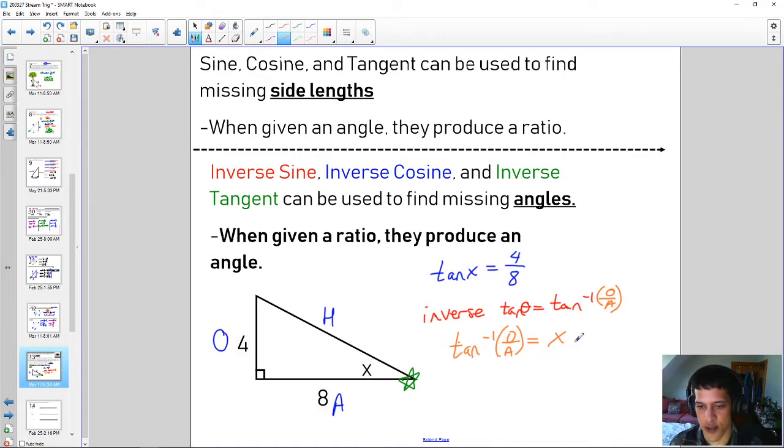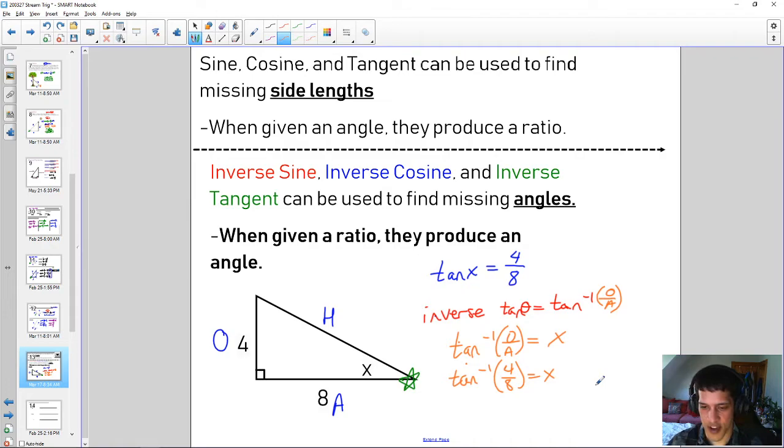So now, instead of saying the tan of our angle is equal to the ratio, the inverse tangent of our ratio is equal to our angle. This inverse tangent is another function that we'll find on calculators. In this case, we have tangent to the -1 of 4 divided by 8 equals x.